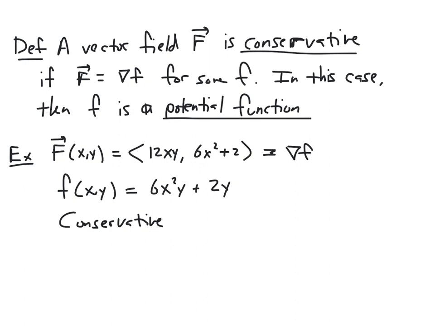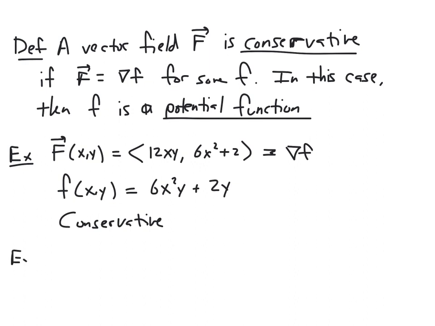In this case, we only were able to do this because I was able to write down a potential function f just by observation. But like I said, we will come back and look at a more systematic approach to this later once we have some more machinery at our disposal.